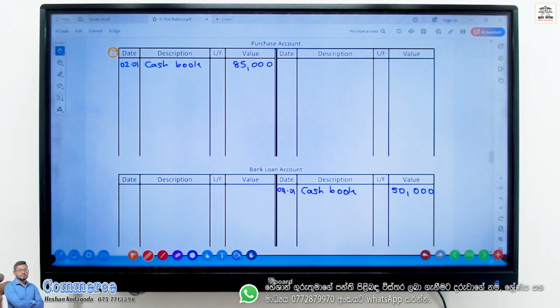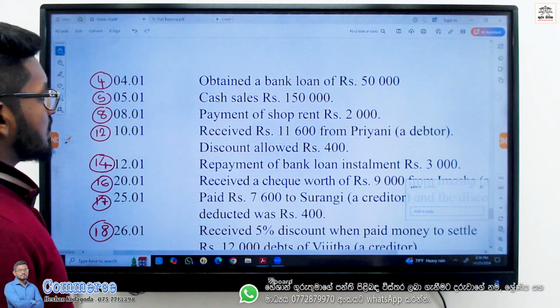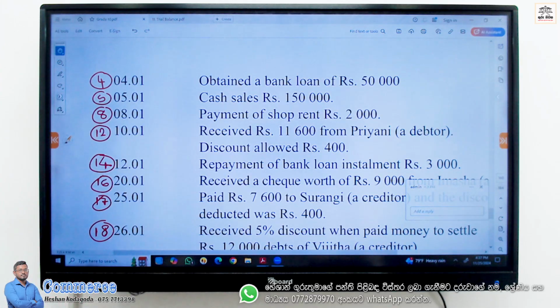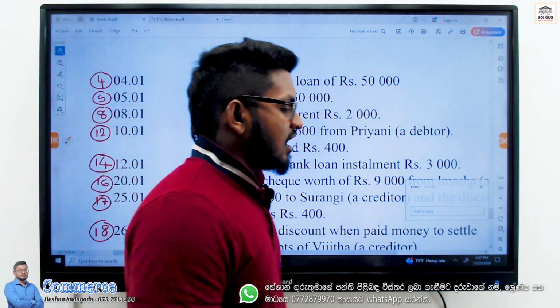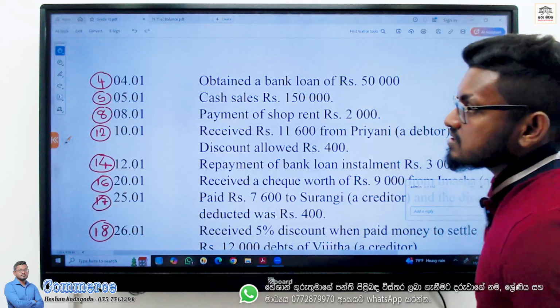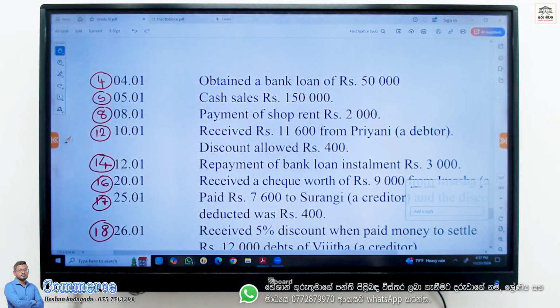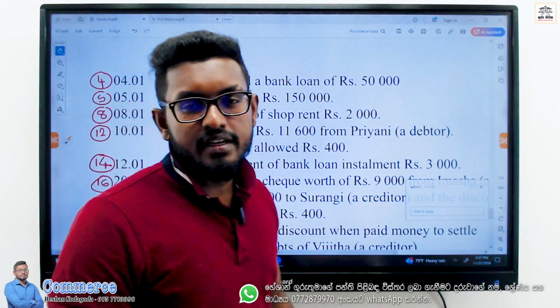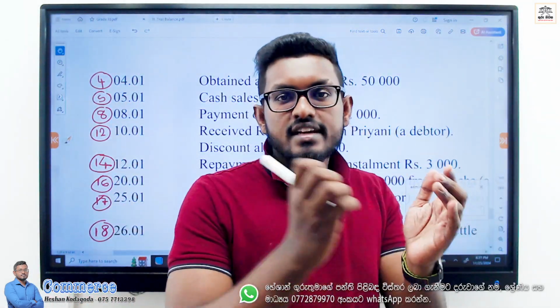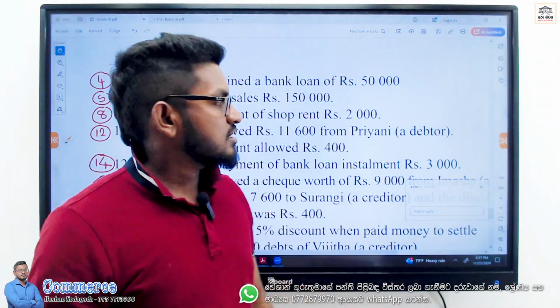Right. Let's go to the next one. Cash sale 150,000, right? It's number 5. Our number 5 is 5th of January. Cash sales. What is the double entry? Cash book debit, sales account credit, right?